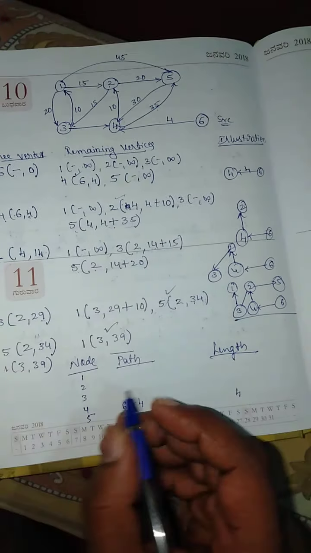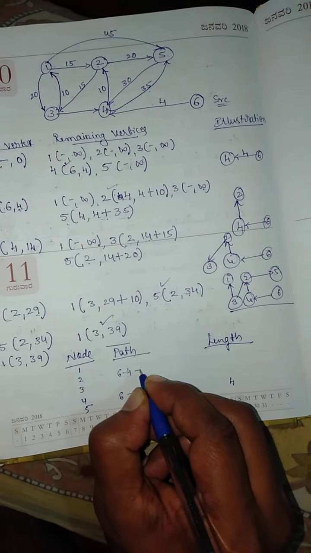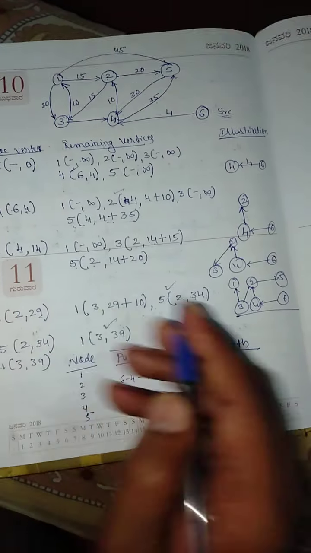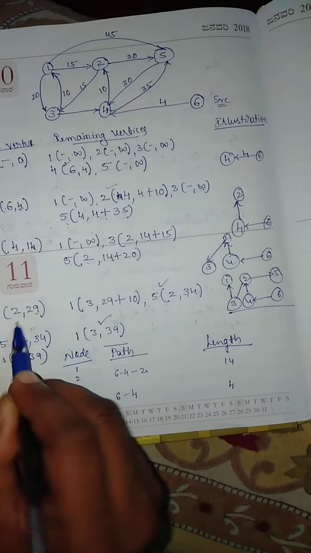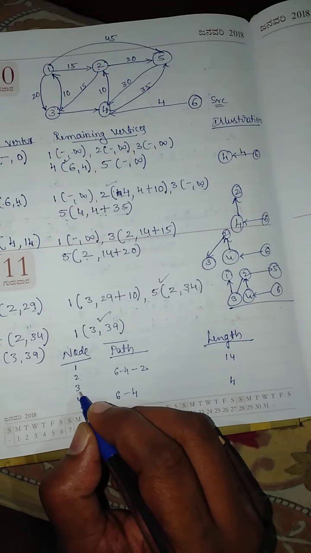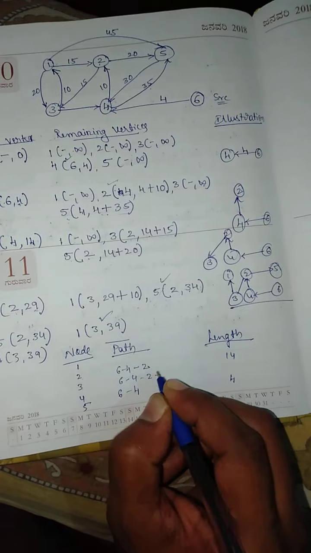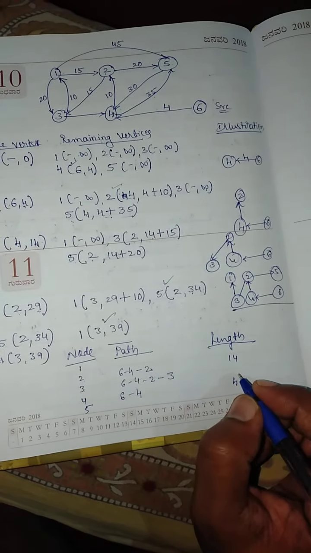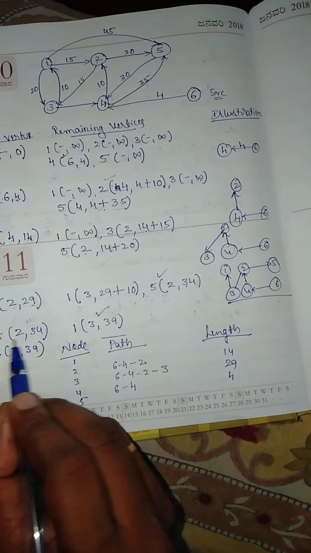Next node is 2. 2 is reachable from 4. So for 2, the path is 6, 4, and then 2, and the cost is 14. Next 3, reachable via 2. Therefore for 3 we write the path to 2 first, and then 2 to 3, and the cost is 29. Next 5, reachable via 2.